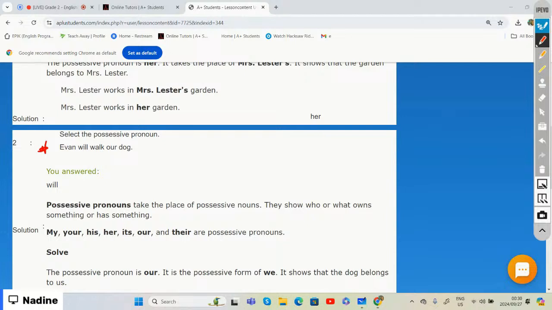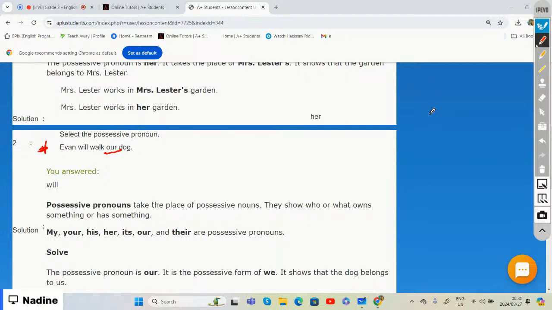We need to select the possessive pronoun. And if we identify the possessive pronoun, we can say it is our.